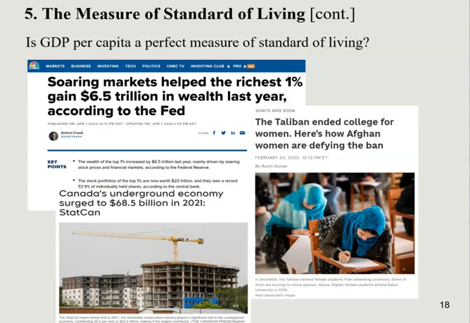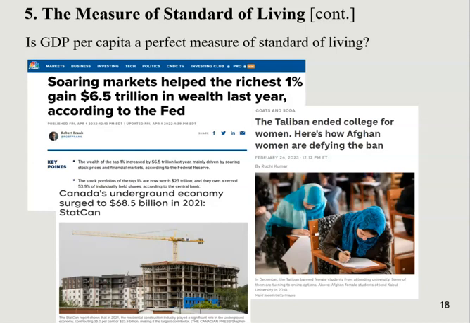So here again, even as one of the most advanced, wealthiest economies, Canada has a pretty sizable underground economy. So this again has been left out because it's not covered by GDP.